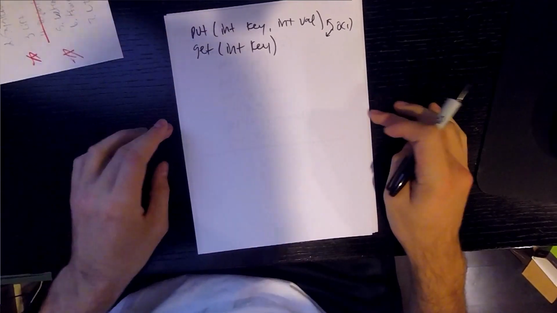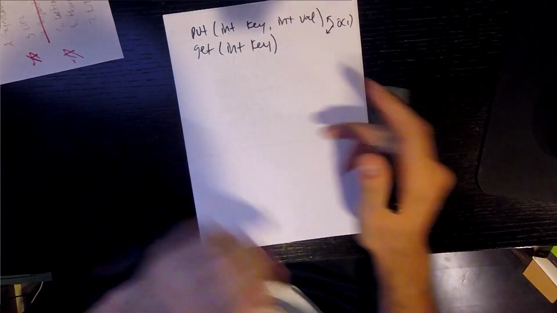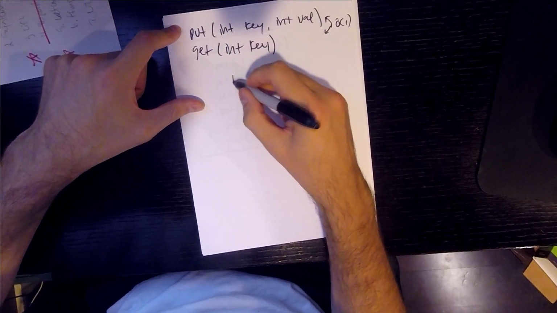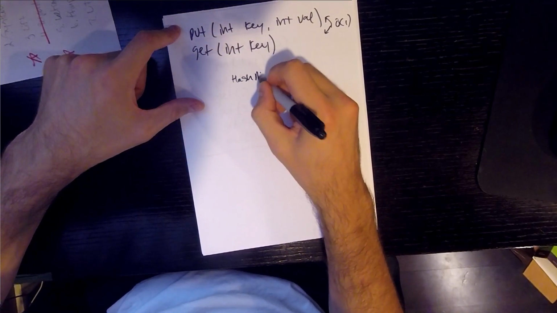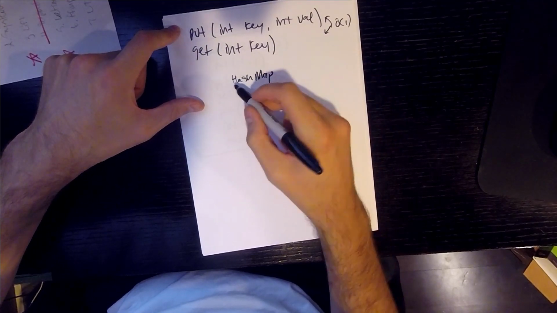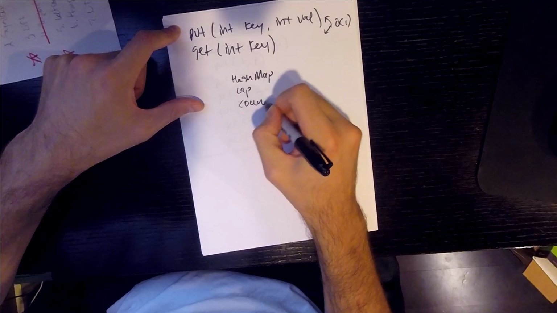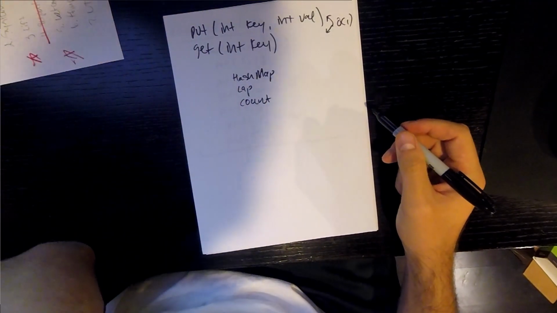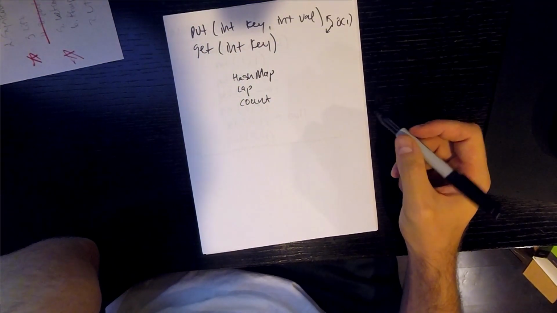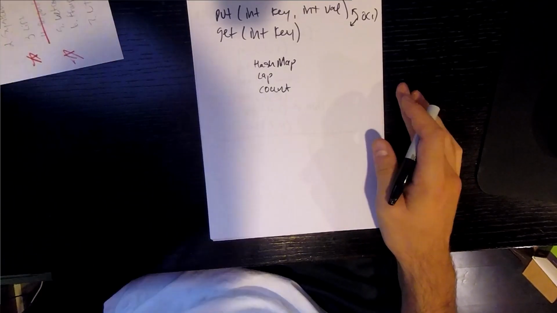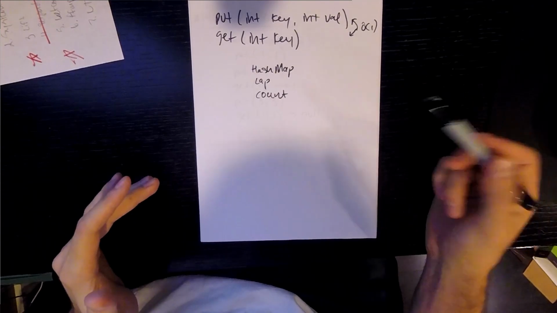We know we're going to have to store keys and values, so that suggests a map. So let's say we store everything in a hash map to start. What other variables might we need? Probably to store our capacity, and probably a count of how many we have currently. And then we have to figure out how we store the ordering of these keys.